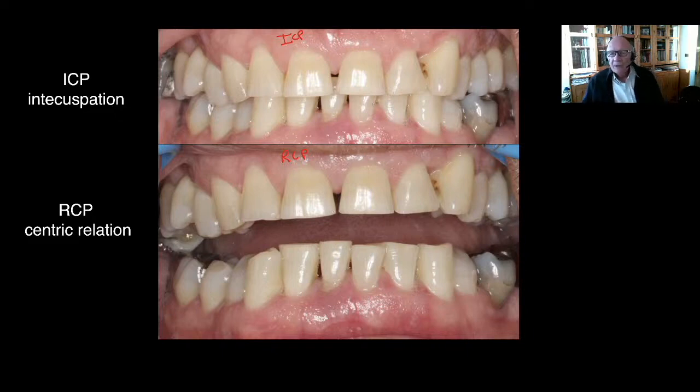If you look at the transverse situation in ICP and in centric, in RCP, there is not clearly an important transverse shift.